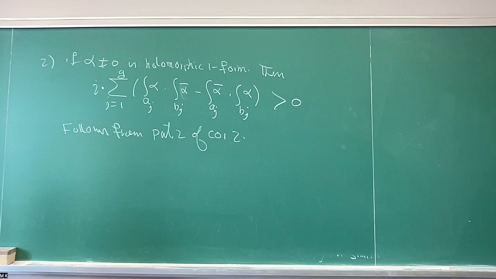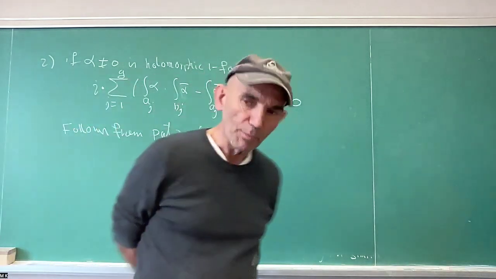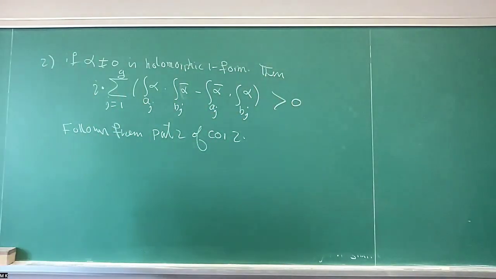One of the consequences is that this period lattice is a lattice of full rank, of rank 2g in omega X star. It basically shows that that lattice is in the Siegel upper half plane, as I will discuss now. It's a very particular type of lattice that sits in complex space C^g, which is R^2g.